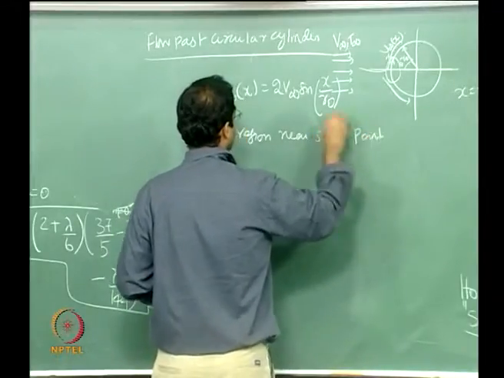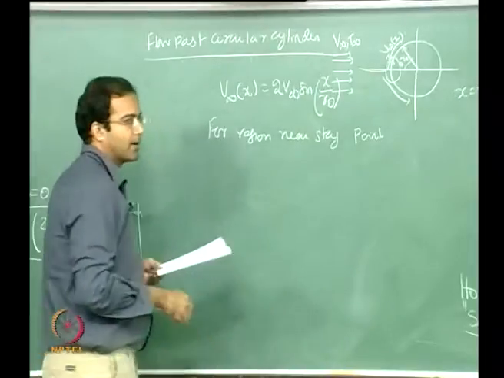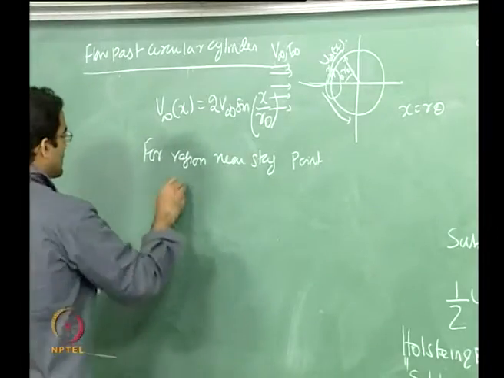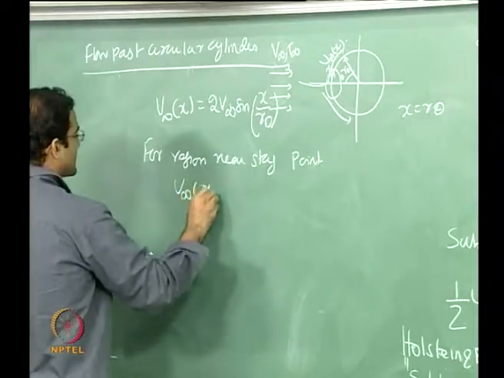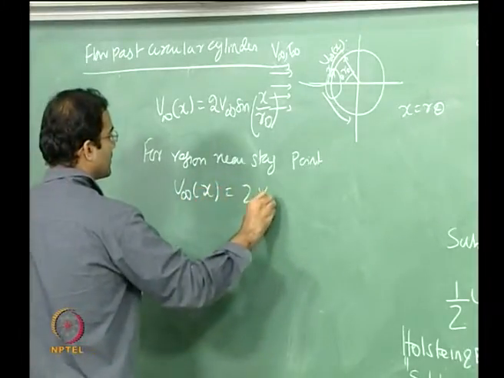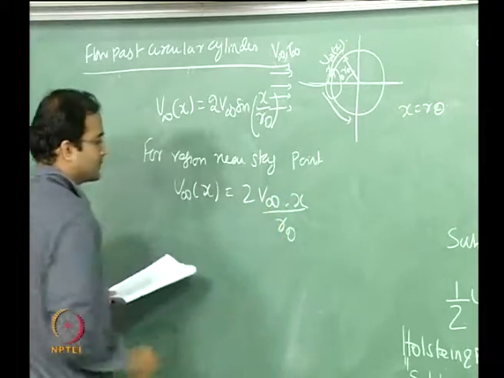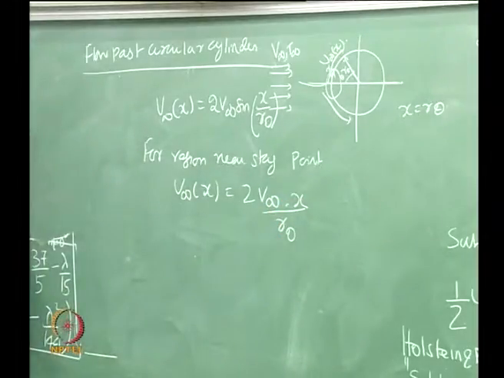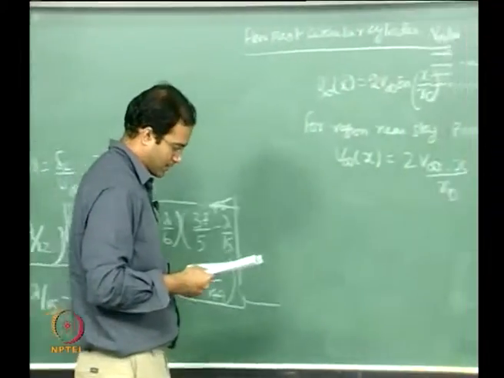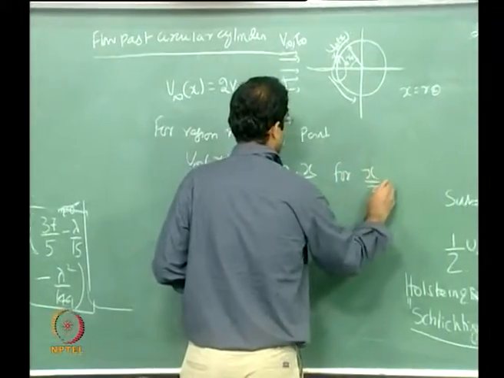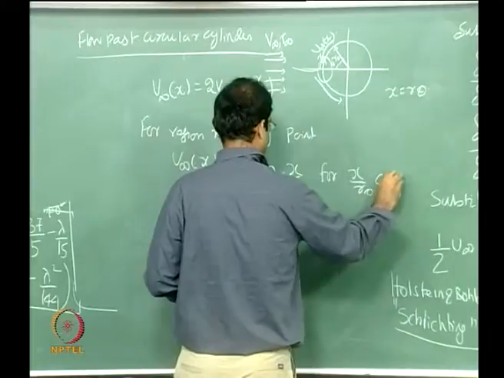So I can replace sine of x by r naught with x by r naught, for small values of x by r naught. Therefore u infinity of x in that particular region will be 2 u infinity into x by r naught. This is valid only close to the stagnation region, where x by r naught is very small. So the condition is x by r naught is quite small.